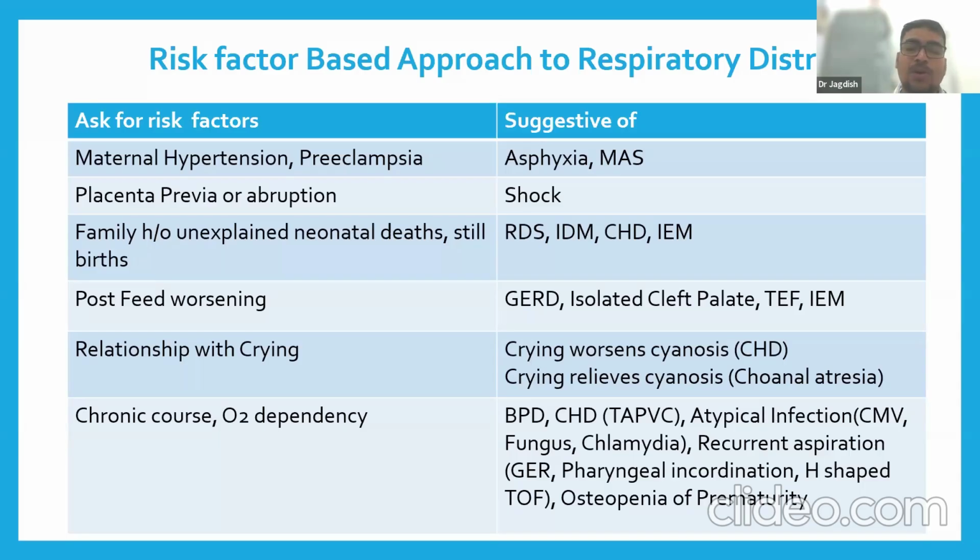And if it's a chronic course and the baby is persistently CPAP dependent, HFNC dependent or oxygen dependent, we can think bronchopulmonary dysplasia or chronic lung disease may be the cause, or there may be atypical infection, viral infection, particularly CMV infection, or recurrent aspiration from GER, which is very common in extremely low birth weight babies, or osteopenia of prematurity because of poor mineralization of the chest wall.